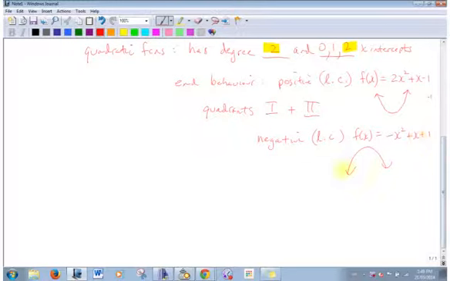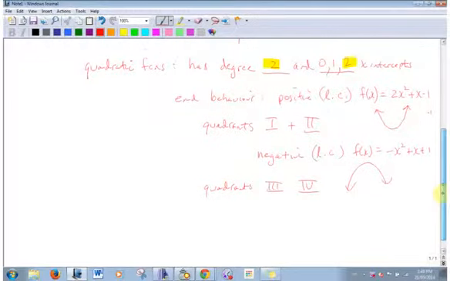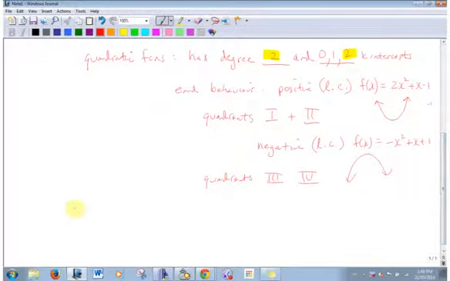Maybe it's moved around a bit, but eventually these arrows will end up in quadrants 3 and 4. So far, so good?